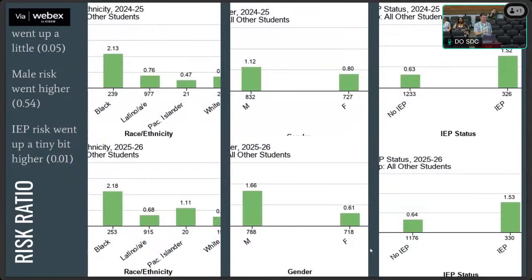The only one that's going up, by 0.5, is male. Males are getting more referrals than females, and that's good. But the Black African American risk went up only 0.05, and the IEP risk went up only 0.01 in this last year. This is 24-25 on the top, and then 25-26 on the bottom. That's what that comparison is.